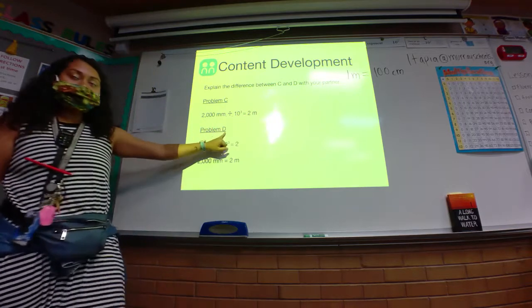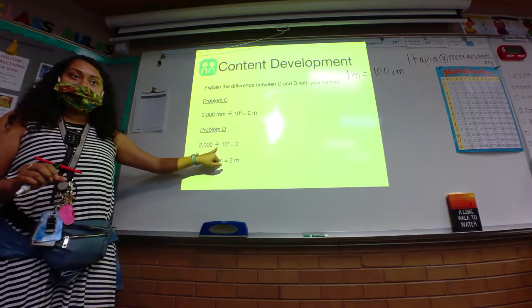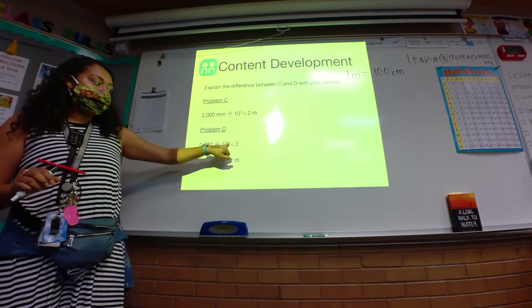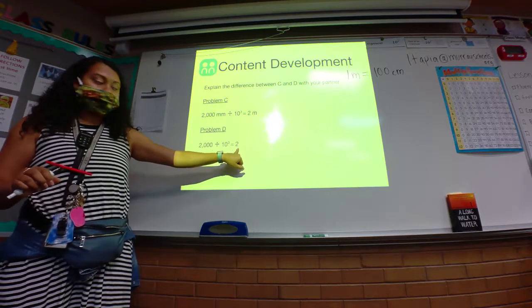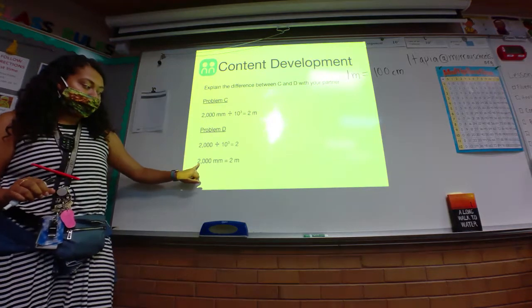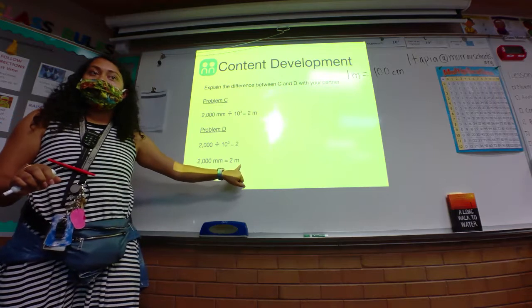Problem D says 2,000 divided by 10 to the power of 3 equals 2, and then 2,000 millimeters equals 2 meters.